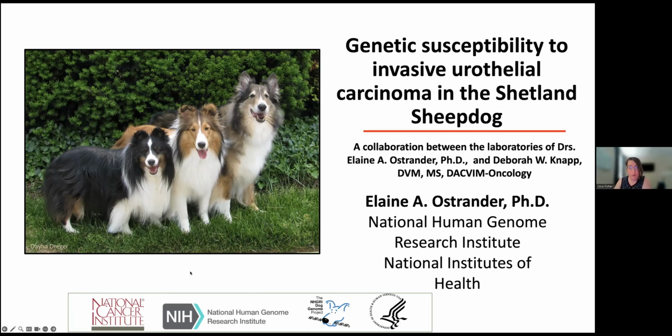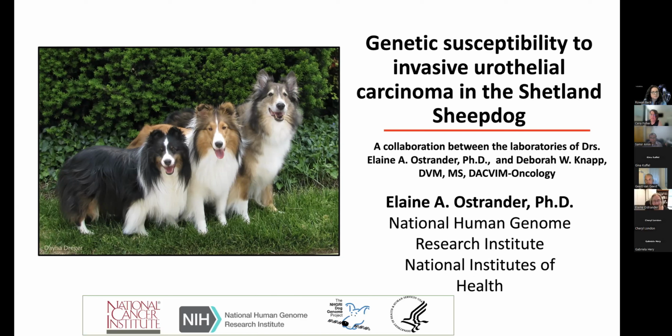She's published over 400 papers and reviews, won several awards, and in 2019 was elected to the National Academy of Sciences. Dr. Ostrander's current work focuses on the identification of cancer susceptibility genes in dogs, particularly bladder cancer and histiocytic sarcoma, the role of genetic variants in canine behaviors, the origins of dog breeds, and genetic studies on dogs from Chernobyl. So without further ado, please take it away, Dr. Ostrander.